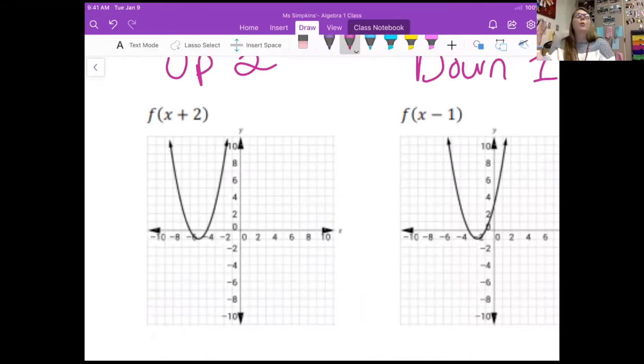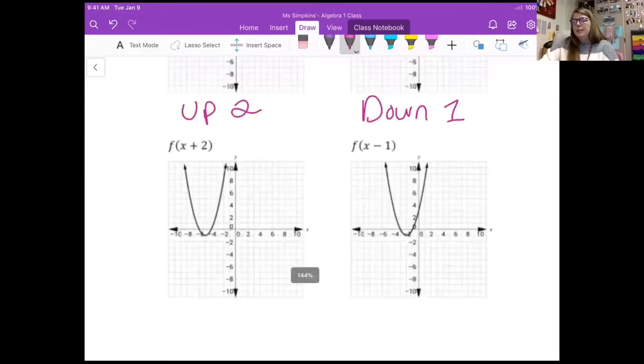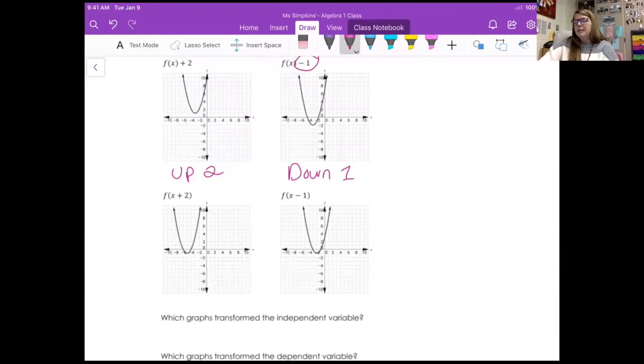I do have a way to prove this to you, but I will discuss it in March. I know that sounds like such a long time away, but for right now, just for our purposes, just trust me. A way you can remember this, and this is how I remember it too, if it's inside, it's the independent variable, and you do the inverse.